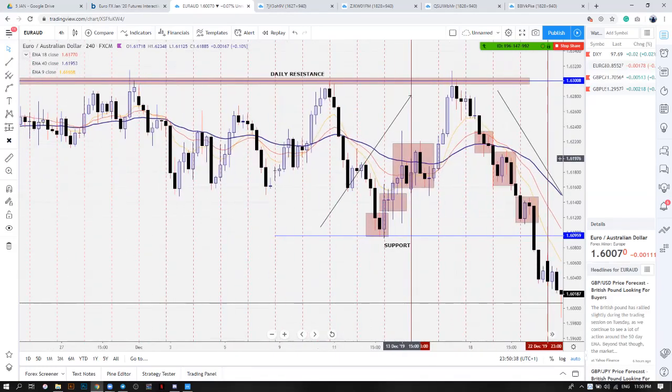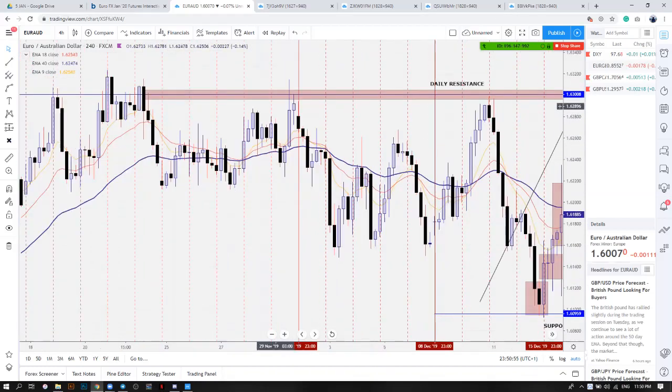The last 2 weeks, Tuesday London open. The last 3 weeks and the last 4 weeks came Wednesday's London open.